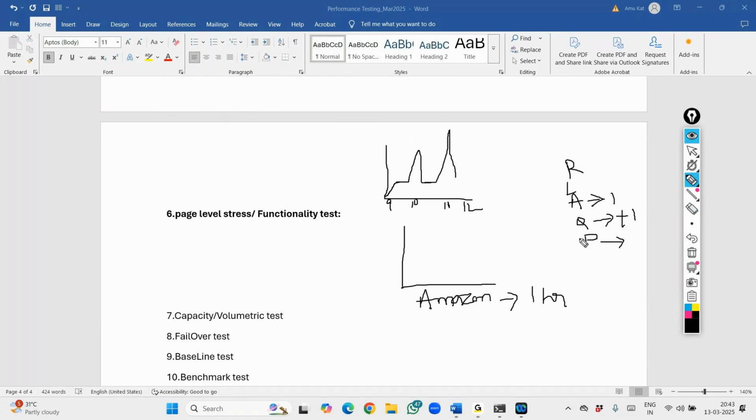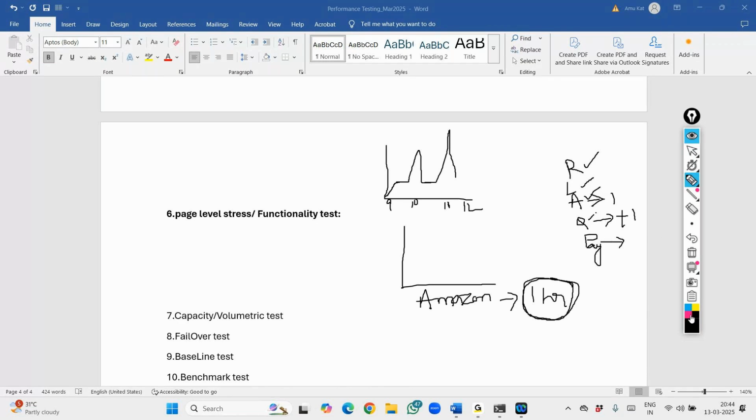If it is planned for 1 hour and you are having multiple deals in the application, most of the stress will be on the payment page. It won't be on registration, or it might be on login functionality, or adding something to the cart or quantity and all this stuff.